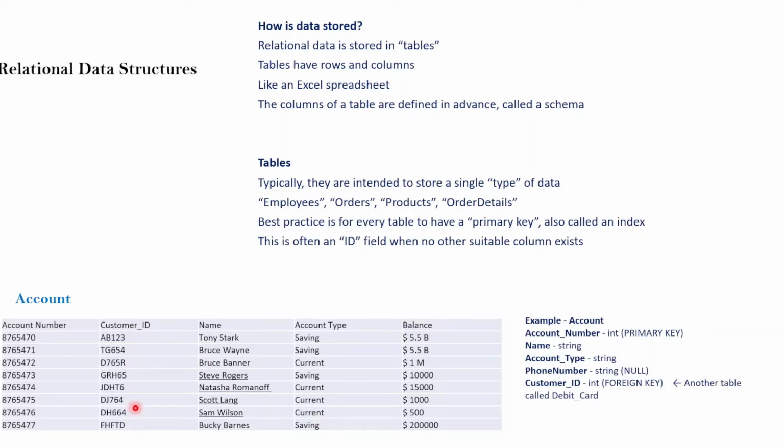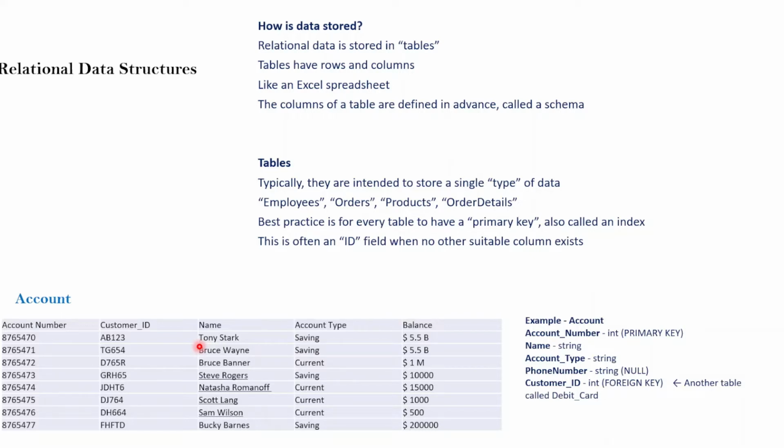When we are defining other things like the debit card or credit card details of these persons, instead of writing the account number, name and other details, we can directly write the customer ID of that one particular person. If you are storing the debit card details of Tony Stark, then in the debit card table we will just write that customer ID as a reference and store only the data relevant to the debit card.